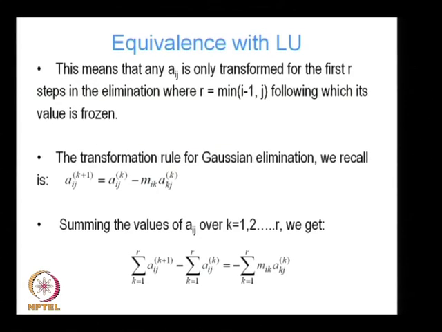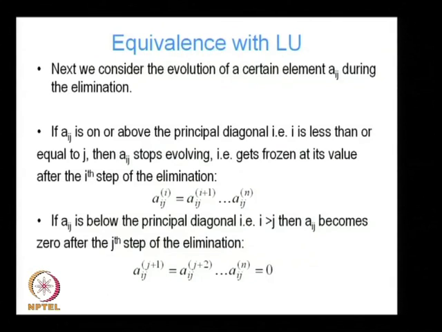This means that any a_ij is only transformed for the first r steps in the elimination, where r is the smaller of i-1 and j, i being the row index and j being the column index, following which its value is frozen. So, basically we are combining these two statements: if a_ij is on or above the principal diagonal, it stops evolving after the ith step of the elimination, and if a_ij is below the principal diagonal, it stops evolving after the jth step of the elimination.